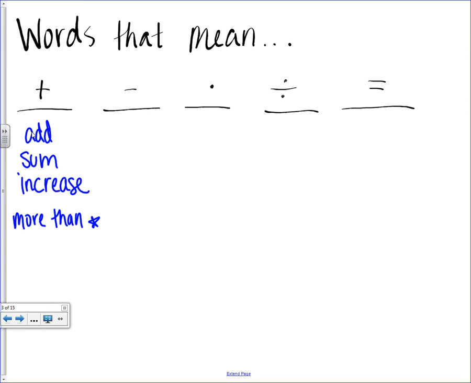All right. Can you give me some words that mean that symbol? Keep going. And I'm going to put a star next to that one.